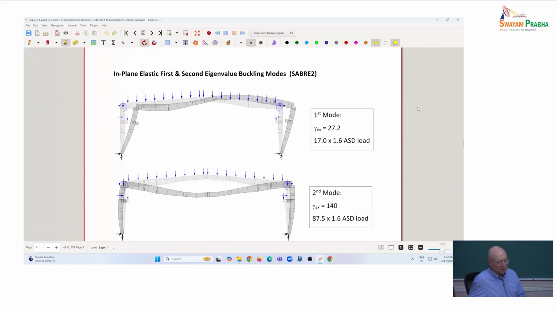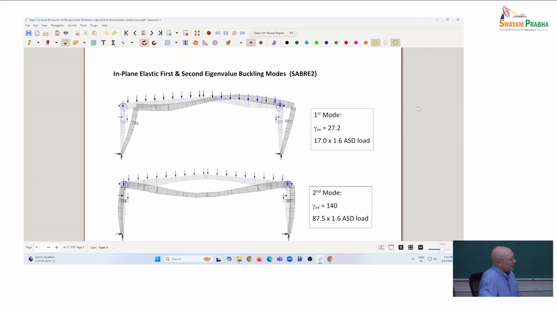And so in Design Guide 25, we were using an academic software, my software at Georgia Tech called Sabre 2, to do the calculations. But I've moved away from Sabre 2 because it's too hard to keep supporting a program like that.